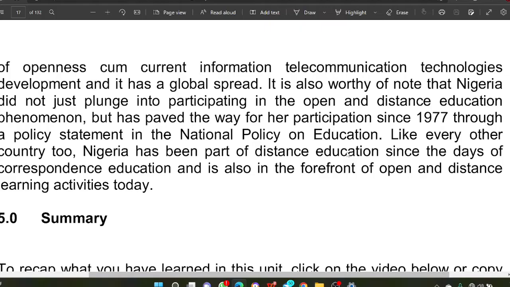It is also worthy of note that Nigeria did not just plunge into participating in the open and distance education phenomenon but has paved the way for our participation since 1977 through the policy statement in the National Policy on Education. Like every other country, Nigeria has been part of distance education since the days of correspondence education and is also in the forefront of open and distance learning activities today.